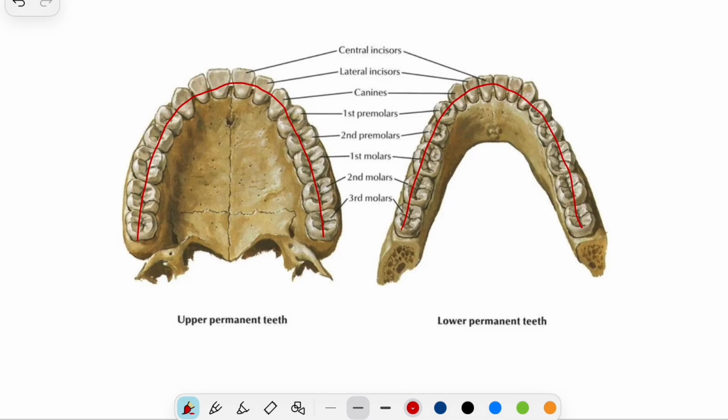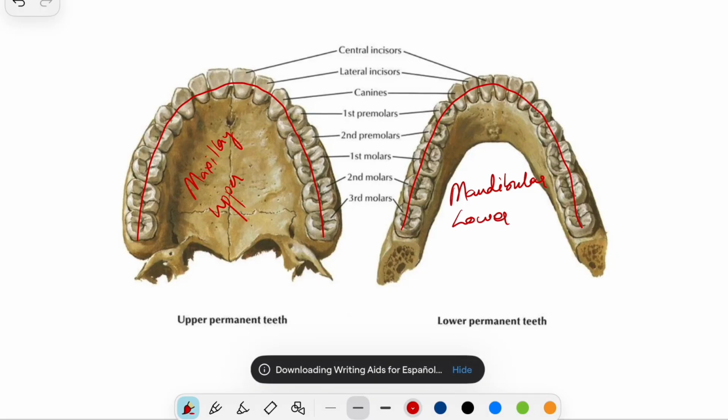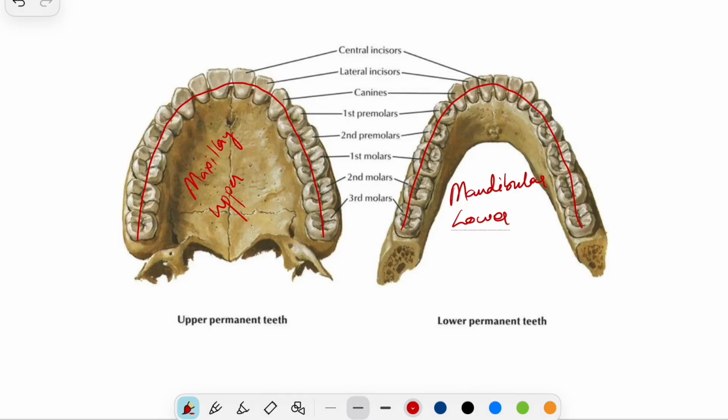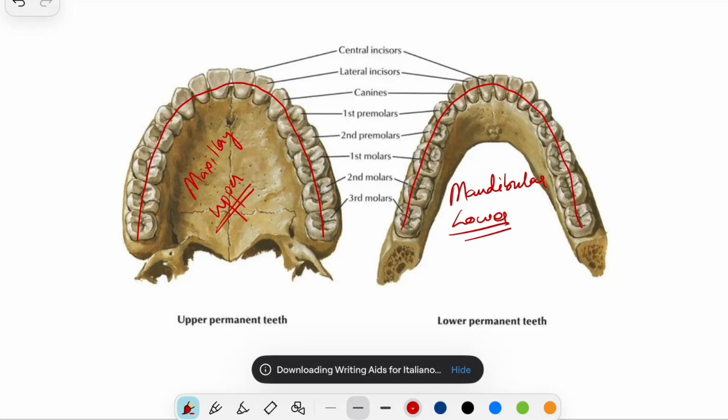We have two dental arches: the maxillary, that is the upper dental arch, and the mandibular, that is the lower arch. Maxillary arch is also called the upper arch, and mandibular is also called the lower arch.